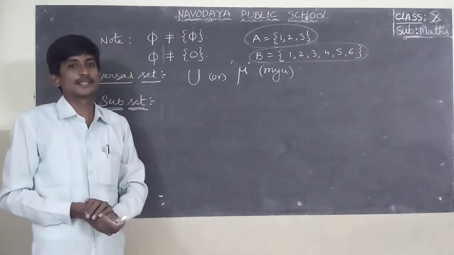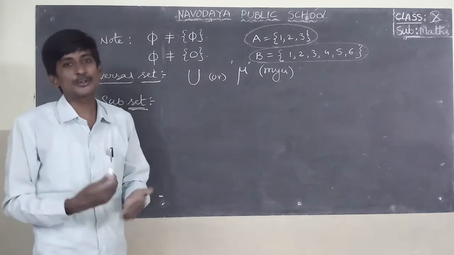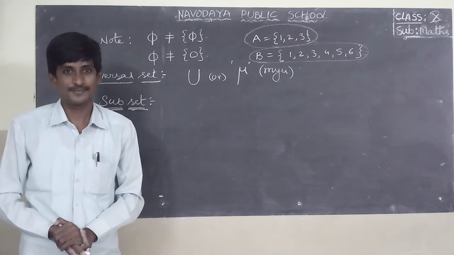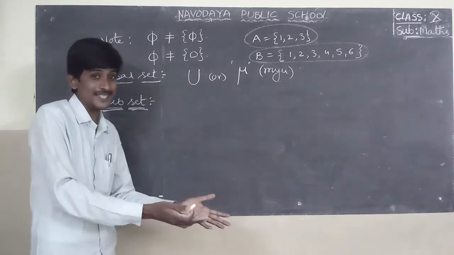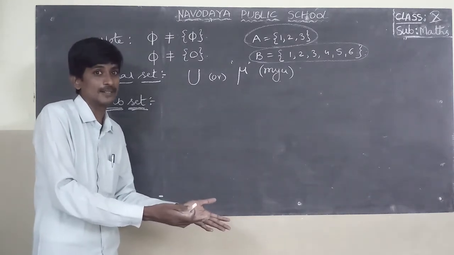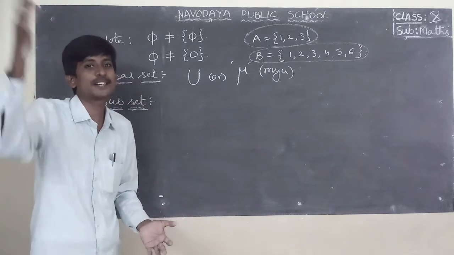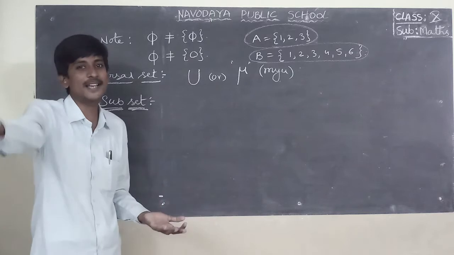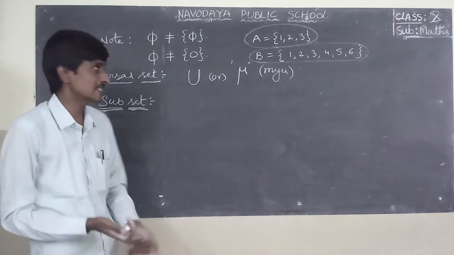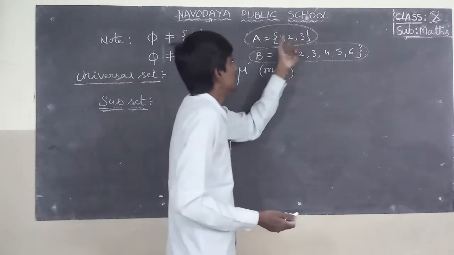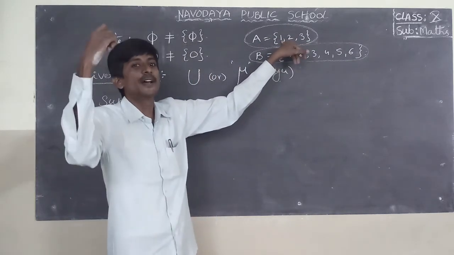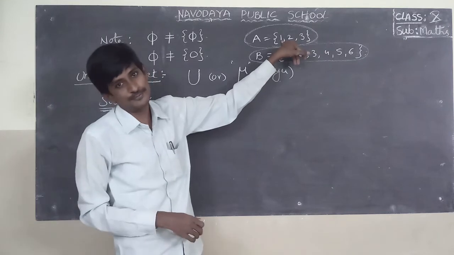For example, 10th class students and Navodaya students. The 10th class students in your school are a subset of the Navodaya school, because every student in the 10th class is a student of the Navodaya school.